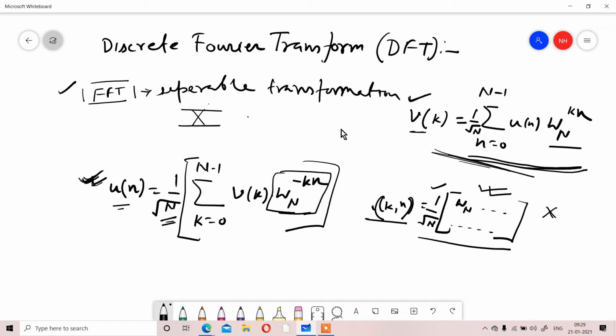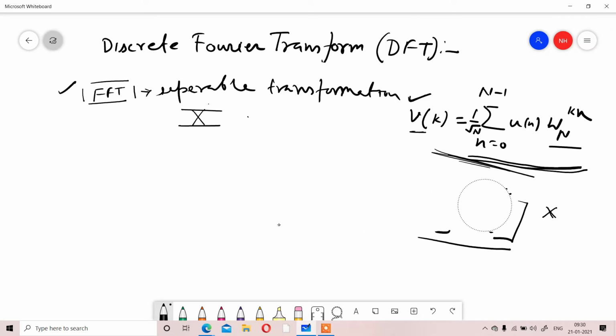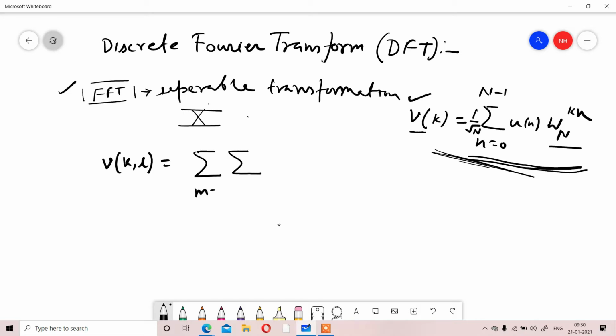Now if we consider the 2D transformation, that 1D expression will be represented by a 2D expression as V k l, which is the summation m equal to 0 to n minus 1, n equal to 0 to n minus 1, u m n, W n to the power k m plus l n.